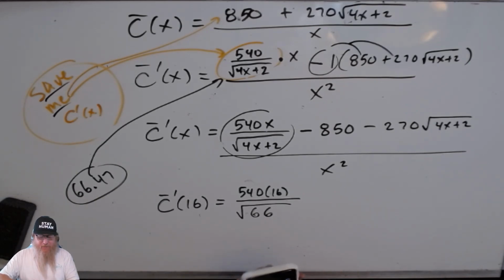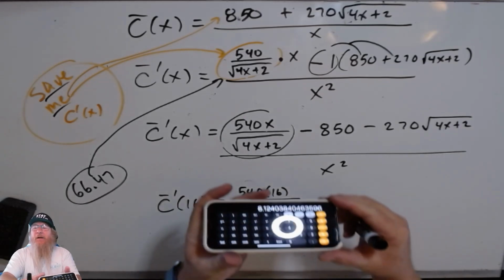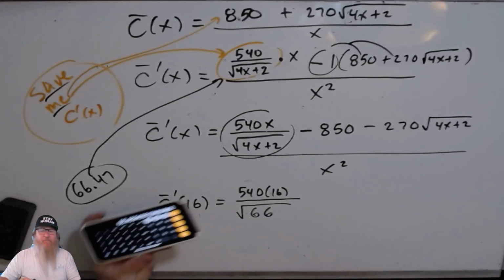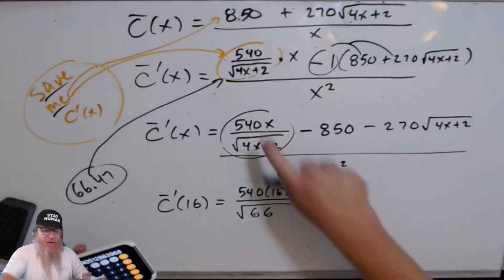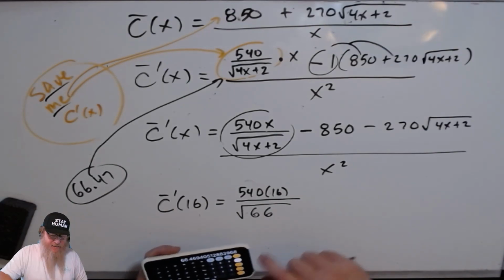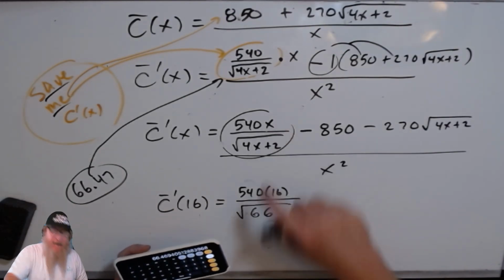Let's see. Square root of 66. And then 540 divided by that. Yeah. $66.47. And then times 16, because this one has an extra x.